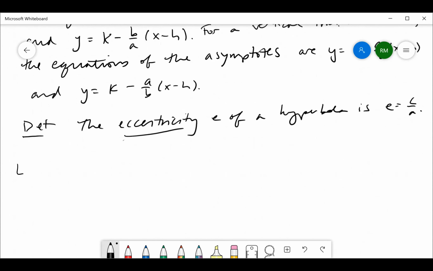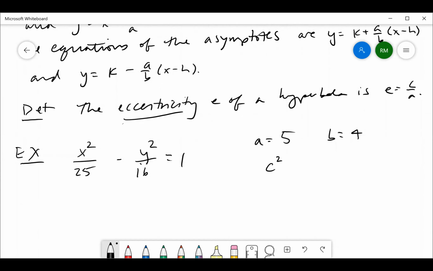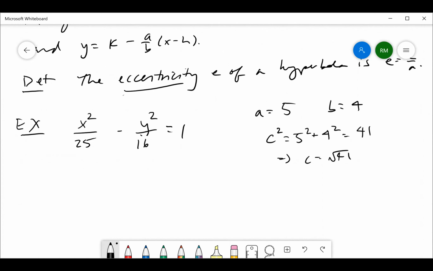All right, so let's do an example where we find all of these things. So let's look at the equation of the hyperbola x squared over 25 minus y squared over 16 is 1. We see that a is 5, b is 4, so c squared is 5 squared plus 4 squared. I think that's 41. So c is root 41.